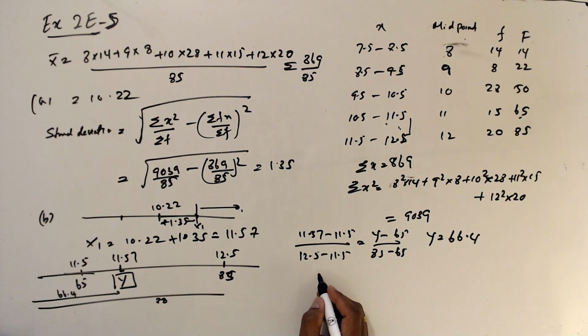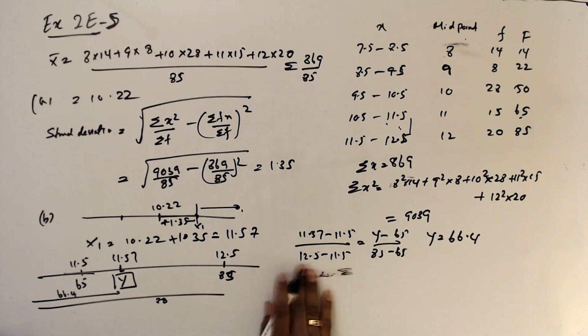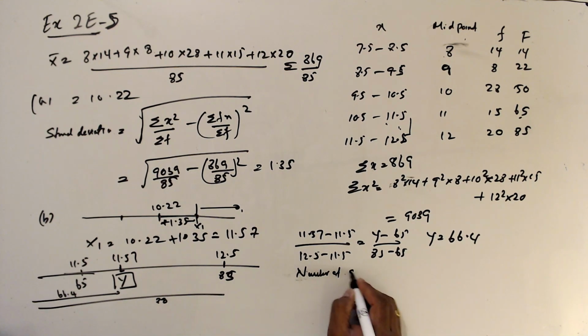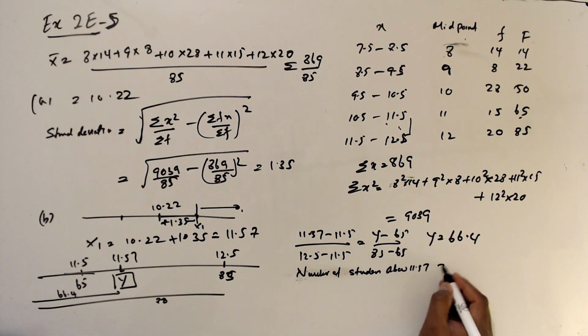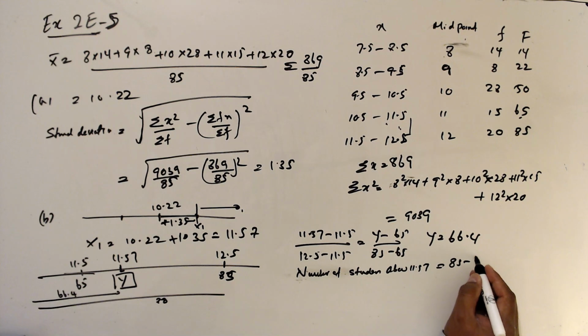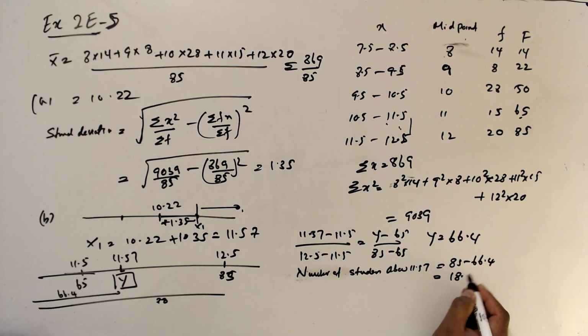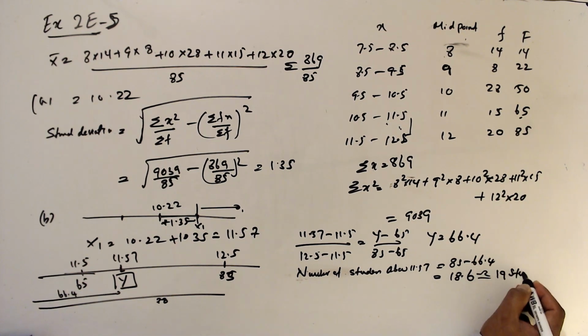Then the number of students above 11.57 is 85 minus 66.4, which is 18.6, approximately 19 students.